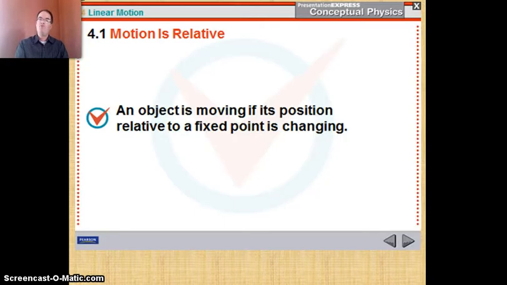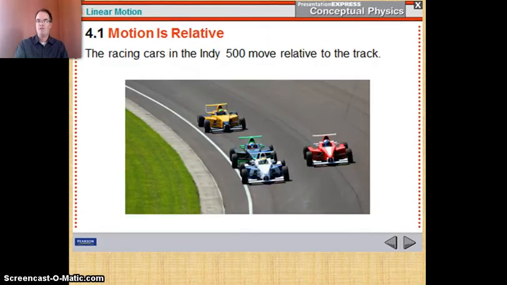An object is moving if its position relative to a fixed point is changing. If we take a look at Usain Bolt, his fixed point that we might reference is the track itself. If we take a look at the glacier, we watch it as it moves relative to the mountain itself.